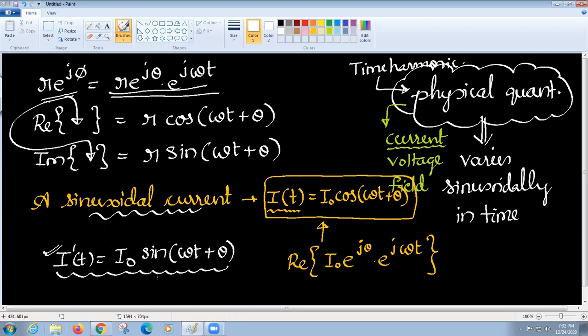This is the imaginary part of I naught e power j theta e power j omega t. And if you are comfortable with cosine stuff and don't want to go with sine, then you do the same thing.